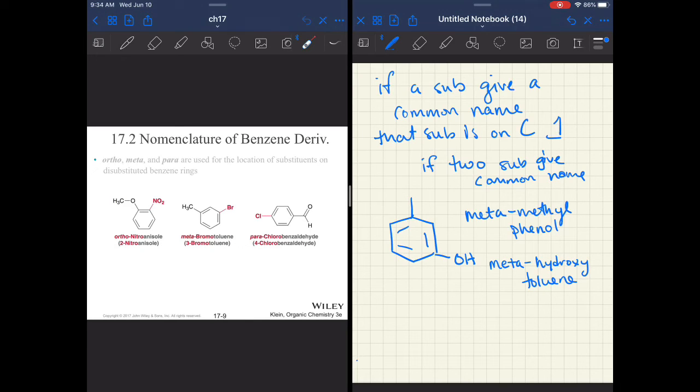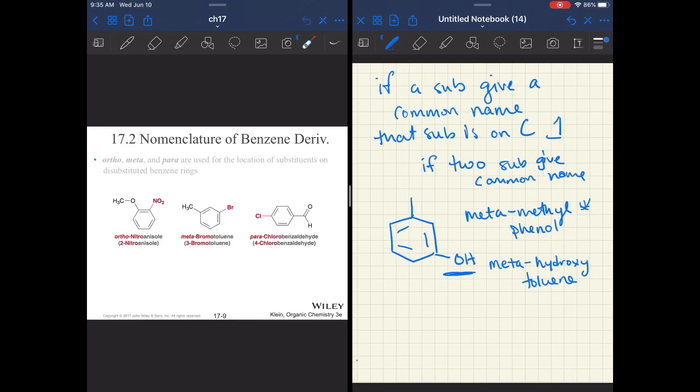You might find in some books or some websites that they prefer this one. I believe what they're doing is choosing the higher priority functional group to give you the common name. The priority functional groups can be found if you just search nomenclature priority.